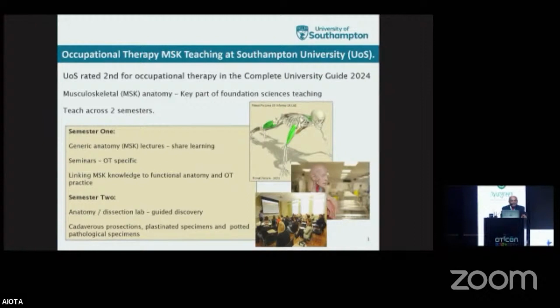And what happens in semester 2? These are another 14 weeks. They go into the anatomy lab at the university. Of course, during the lockdown period, the university was locked down, so what we normally do is that we only use prosected specimens: cadaver prosections, plastinated specimens, and potted pathological specimens.